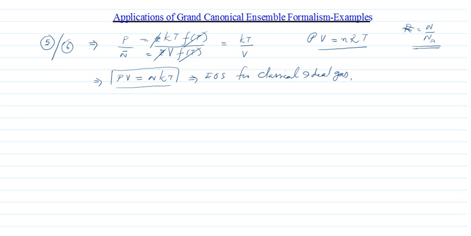This n is equal to N by N_A, and you will be getting k_B also there. So that is equal to N by N_A into RT. And R by N_A is defined as what? k_B, the Boltzmann constant. So it will become capital N into k_BT, so N k_BT. So both are equivalent.